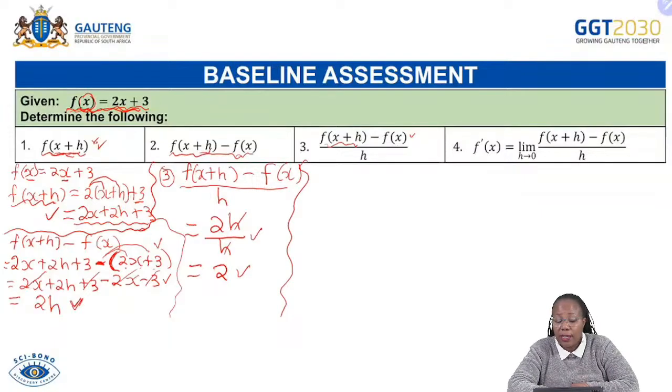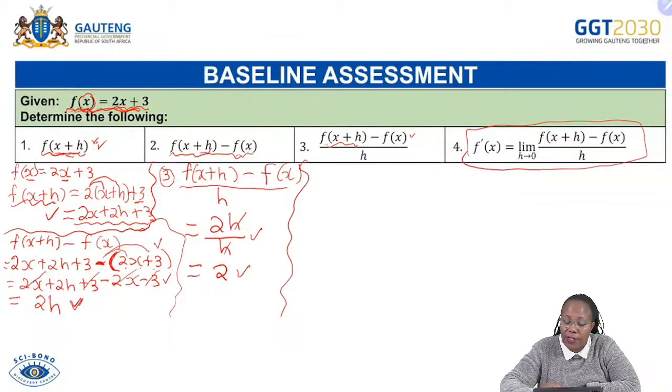And then lastly, number 4. Now we are looking at this formula. I hope you are not seeing this for the first time. This is the formula we are heading to, which is the first principles formula. You'll find this formula at the back of your formula sheet, grade 12. That means we have done this partially, scaffolding how you will be able to answer this question more easily.